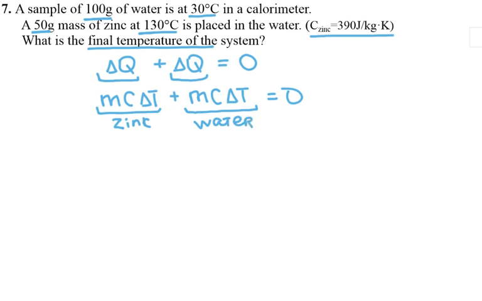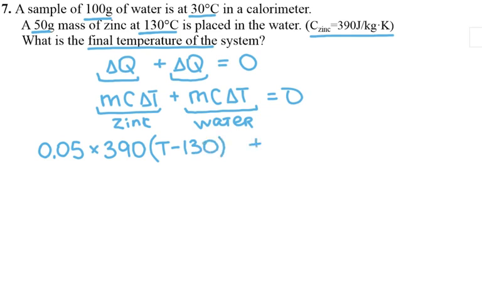So if I plug in my numbers, mass of the zinc is 0.05, so that's 50 gram. Specific heat of the zinc is 390. And the change of the temperature, it's the final temperature, the equilibrium temperature that they reach together after being in contact for a while, minus initial temperature of the zinc, which is 130.